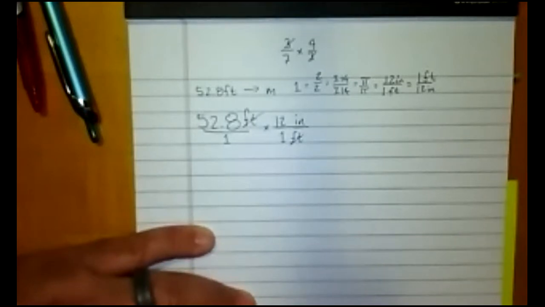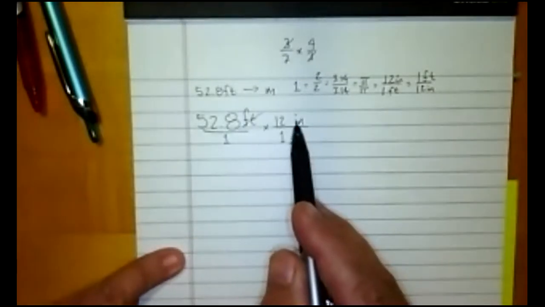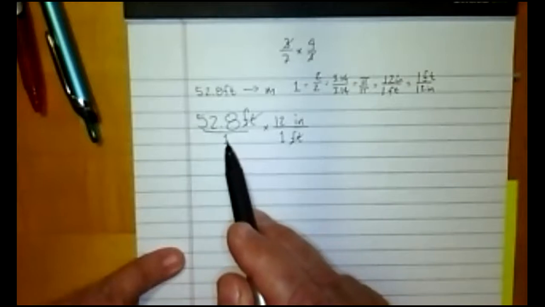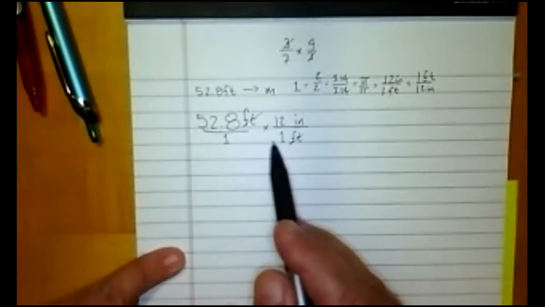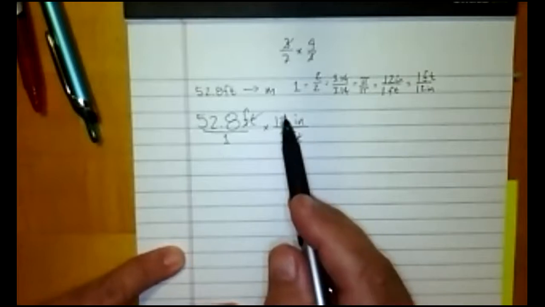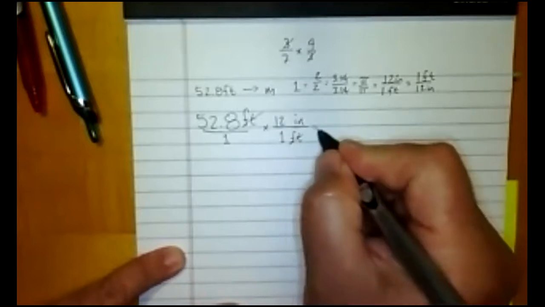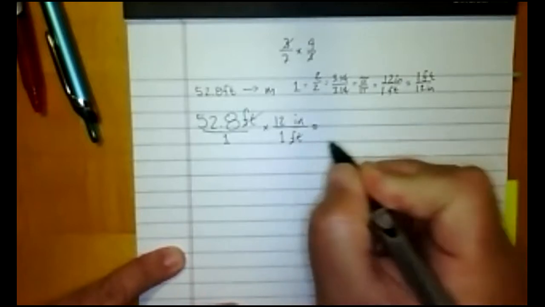So I'm going to do that. You could do all these steps in one big calculation, but I'm just going to do it right now. All I have to do is multiply 52.8 times 12. And technically, I'm really multiplying 1 by 1 as well, but 1 by 1 just makes 1. And then you divide by that 1 into the new numerator, which is 52.8 times 12. That's the way multiplication goes with fractions.